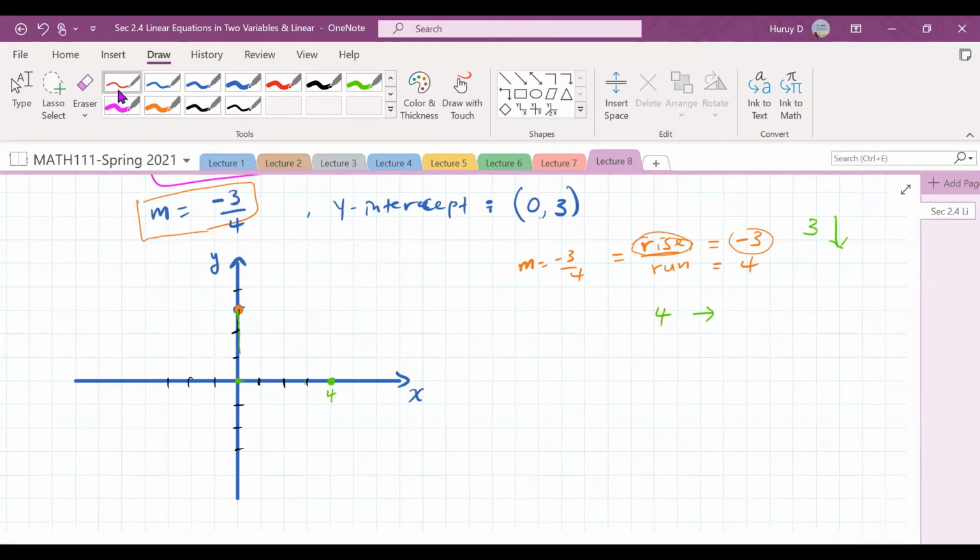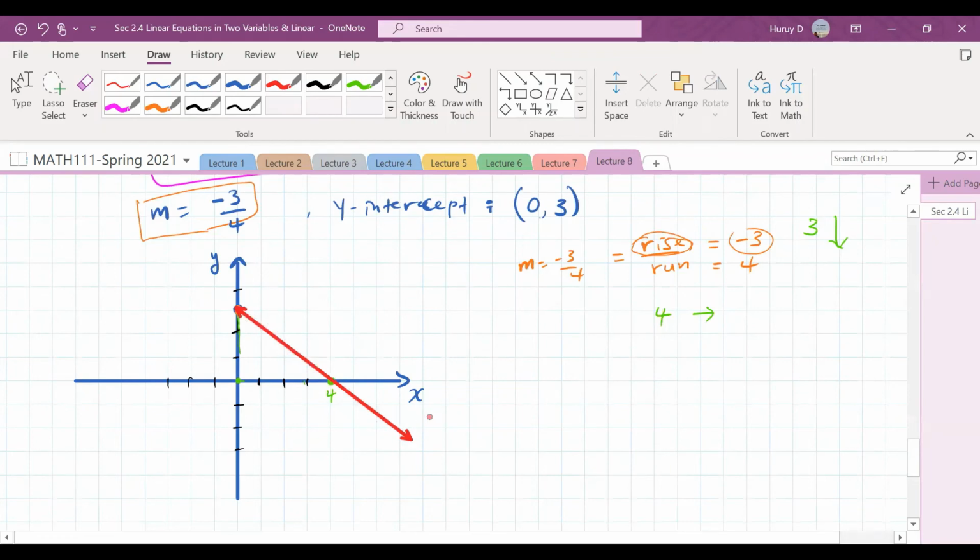Okay, so if we connect this, we have the line which looks like this.